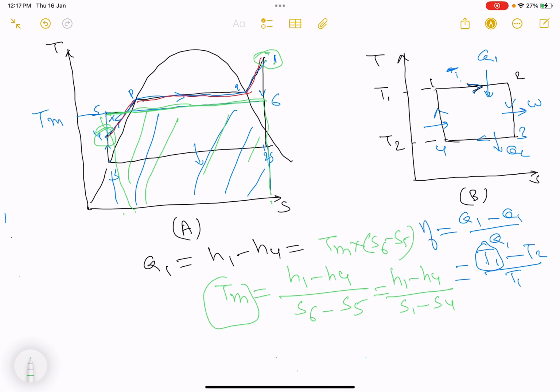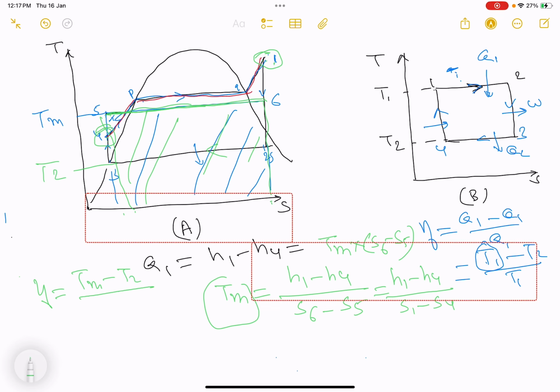So consider we have converted the Rankine cycle into a Carnot engine. Please note, now here it is 5, 6, 2s and 3. This is the Rankine cycle, and the mean temperature of heat addition is Tm. So the efficiency is Tm minus, let's say the temperature is T2, T2 by Tm.